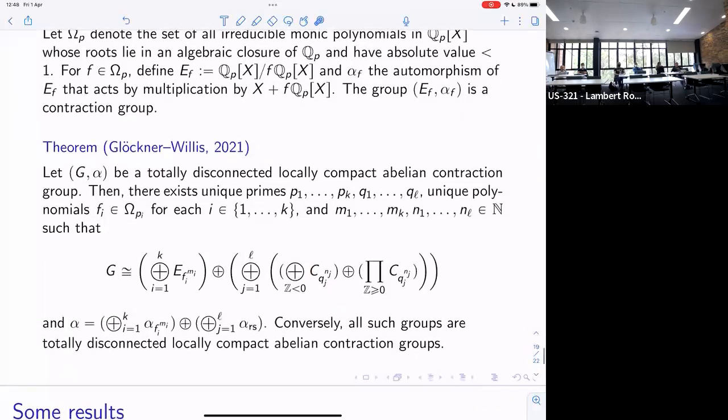And the corresponding contractive automorphism for these groups is precisely just acting on the factors EF by the corresponding automorphism for these groups EF, and the right shift for the corresponding restricted direct products. So these are the TDLC abelian contraction groups.